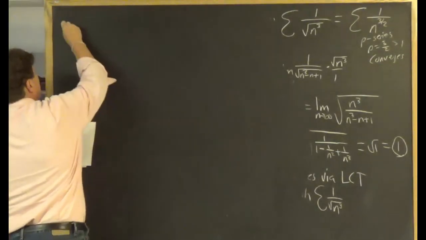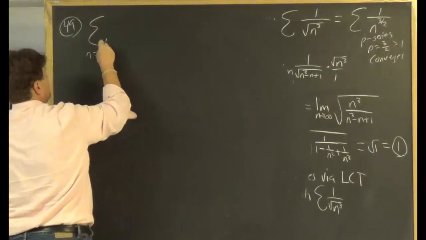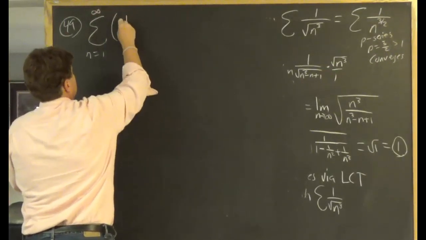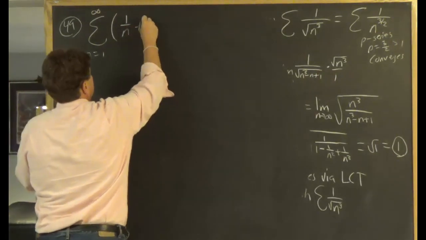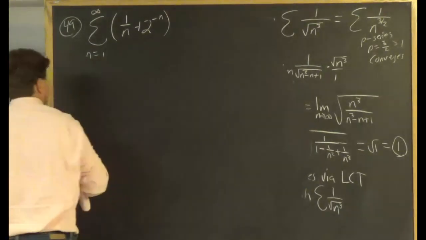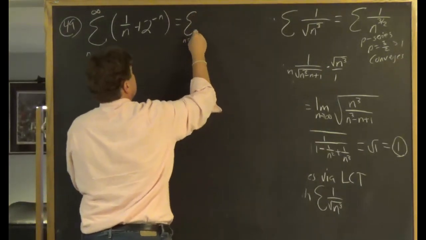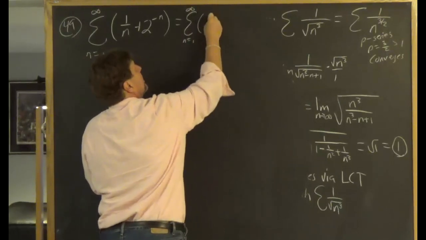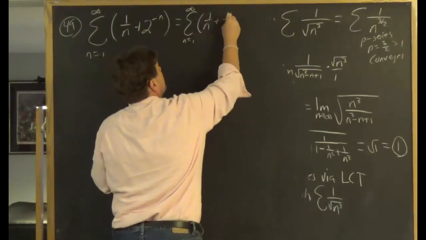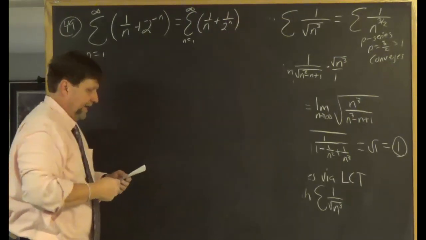So 49 is the series n equals 1 to infinity of 1 over n plus 2 to the negative n, which I see as also being the series n equals 1 to infinity of 1 over n plus 1 over 2 to the n.